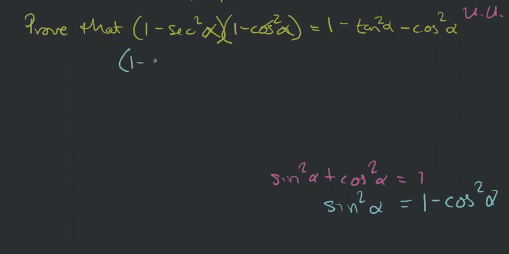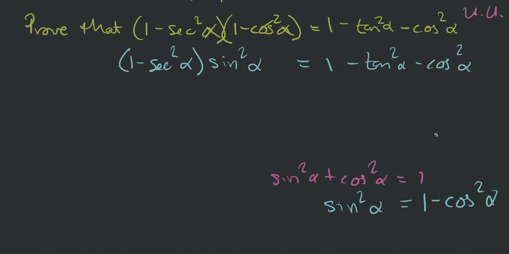We're going to have 1 minus secant squared alpha, and then this whole piece is going to be sine squared alpha, equals 1 minus tan squared alpha minus cos squared alpha. Alright, so what can we do from here? Again, there's not a direct path, but I'm noticing that we could expand these brackets now. So if we did that, that's going to come to there, and this is going to come to here.